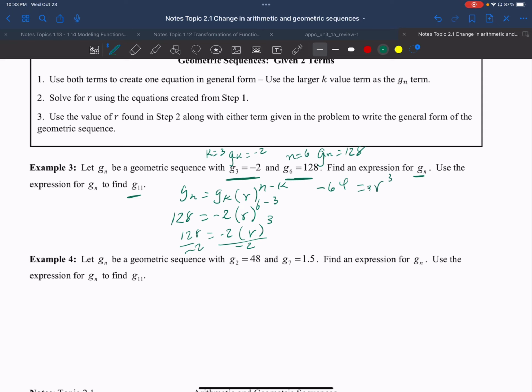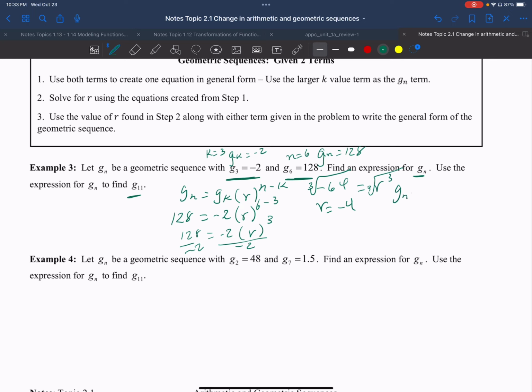To get rid of the cube, take the cube root on both sides. So then when I do that, I get r equals -4, because -4 times -4 is +16, times -4 will give me the -64 that I want.